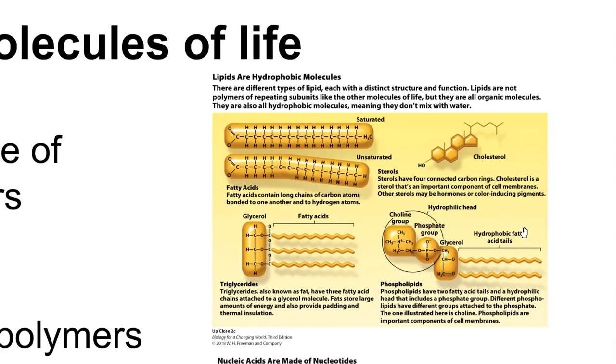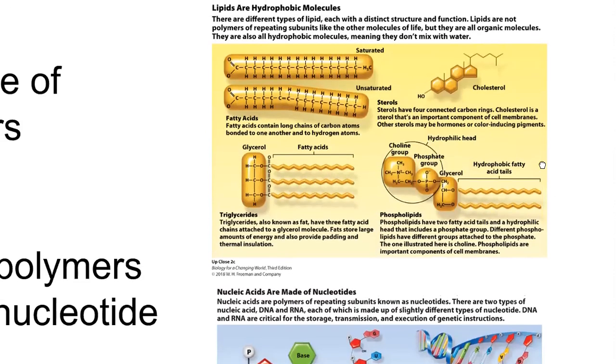Now, let's talk about the outer part of a cell. The outer part of a cell usually has phospholipids. So now we're also going to get into the hydrophobic, hydrophilic. This area right here is where we have our phosphate group. Sometimes they call it the head of the membrane, and it is hydrophilic, meaning water loving.